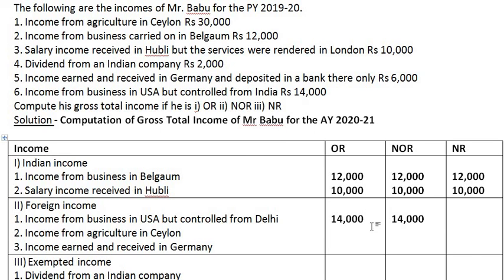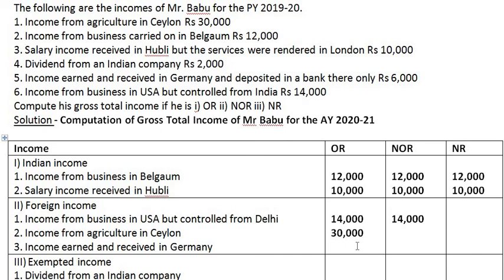If agriculture income situated somewhere in India is given to you, we should consider it as an exempted income. So what is the income from agriculture in Ceylon? It is 30,000. We are taking the amount 30,000 only in one column, that is in the ordinary resident column, as it is purely a foreign income.